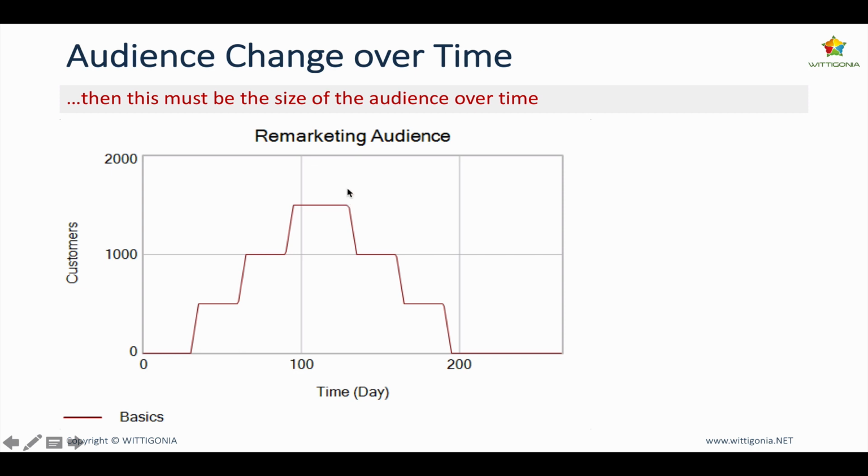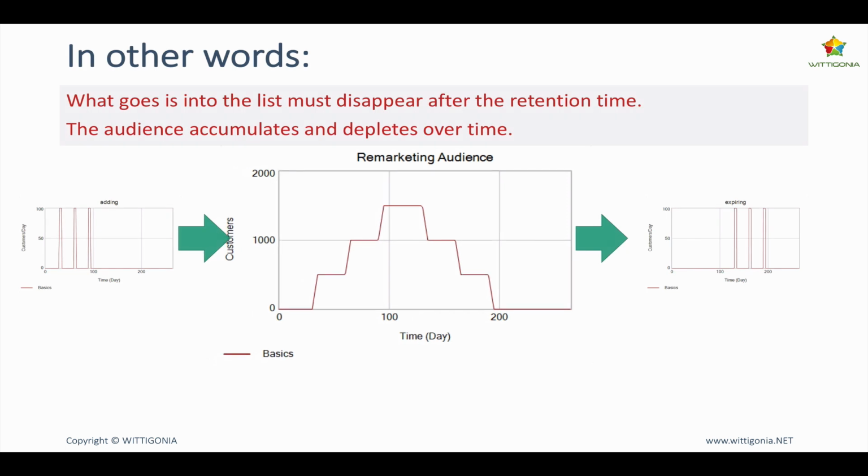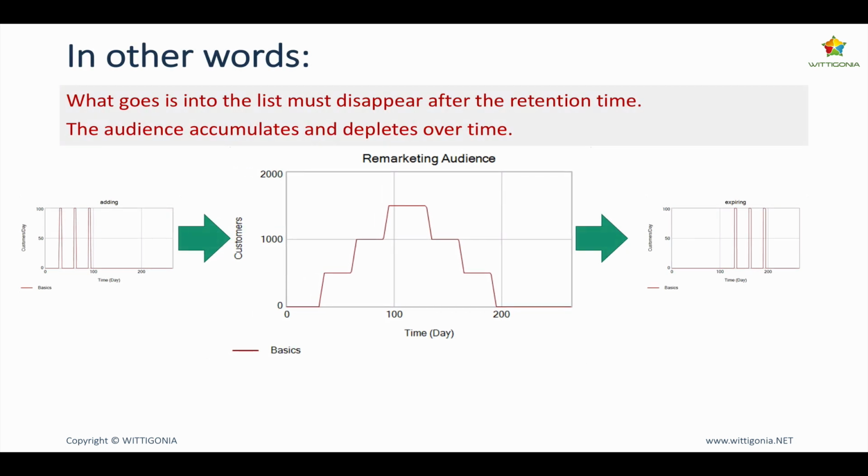And once the retention period of these first customer cohorts starts here, you are basically reducing the list of the remarketing audience. That's something to keep in mind. In other words, what goes into the list with the time profile and the orders of magnitude over time must disappear after some retention time. So the audience accumulates and depletes over time.